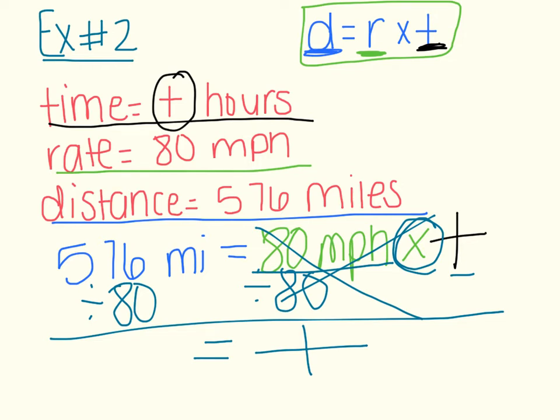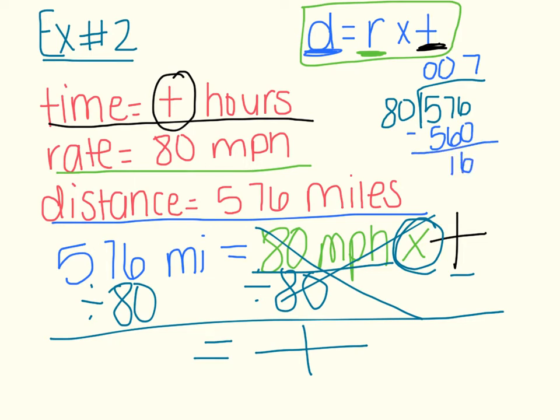And let's do the division up here. 576 divided by 80. Now 80 can't go into 5, so we put a 0. It can't go into 57, so we put a 0. And it goes into 576 7 times, which is 560. When we subtract, we get 16.